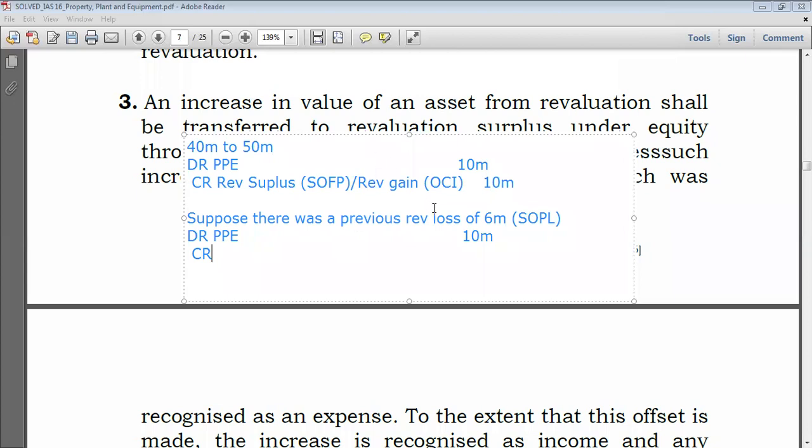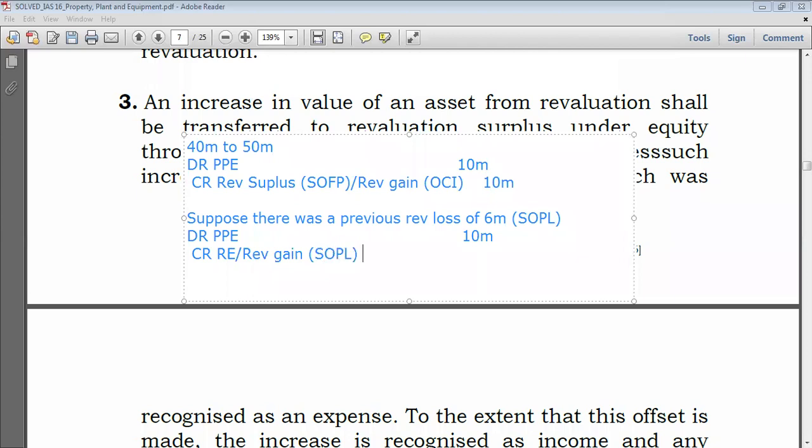So if the previous revaluation loss went to the statement of profit or loss, the revaluation gain will also have to go to the statement of profit or loss first. So we would not take it to revaluation surplus. It would go to retained earnings because retained earnings is a realized reserve, or simply, I would just write revaluation gain, but this revaluation gain would have gone to the statement of profit or loss.